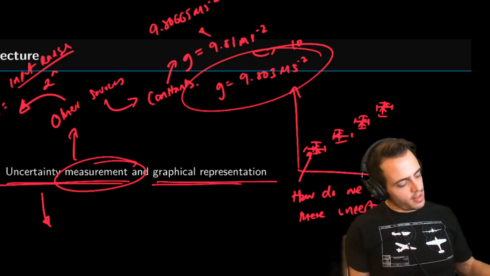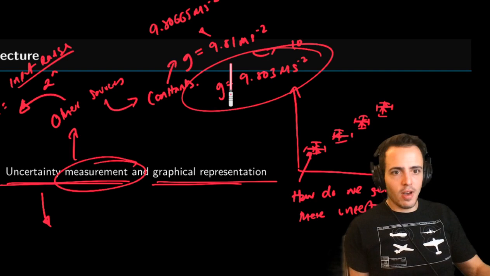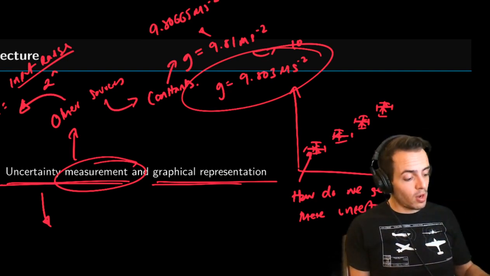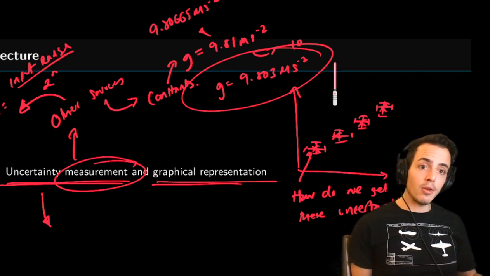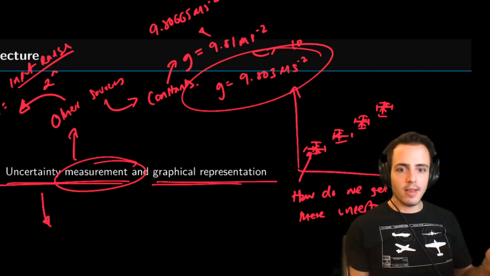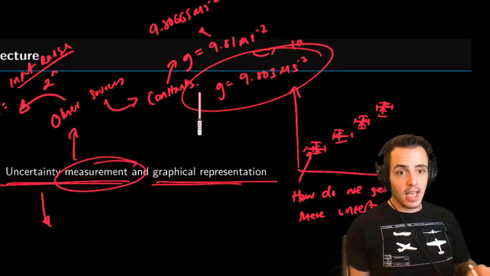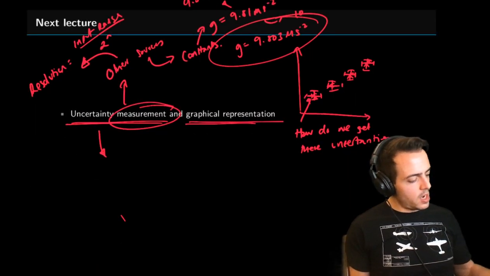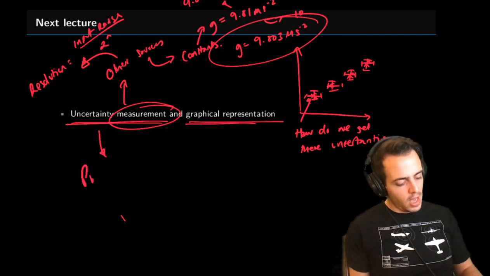But the fact that these things change where we are on the Earth, or the fact that we also can't necessarily write this out to an infinite number of decimal places, means there's uncertainty in constants we use. So because we've got these different sources of uncertainty, what we've got to look at is the propagation of uncertainty.